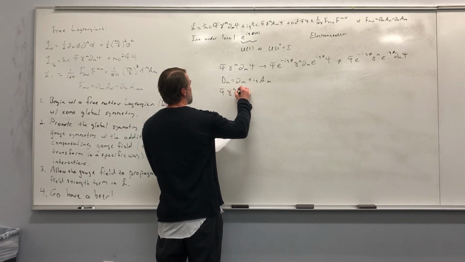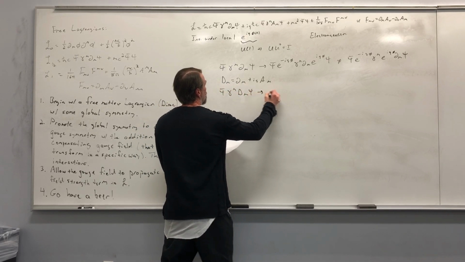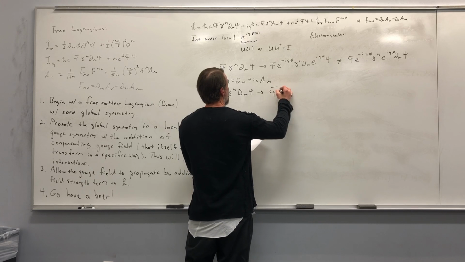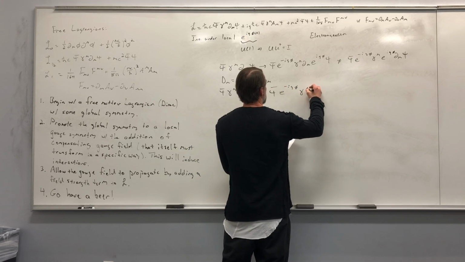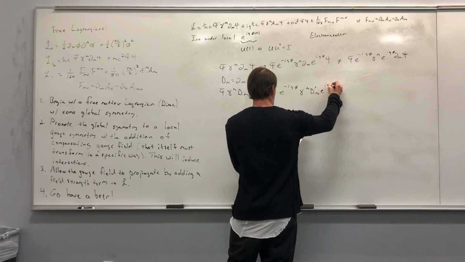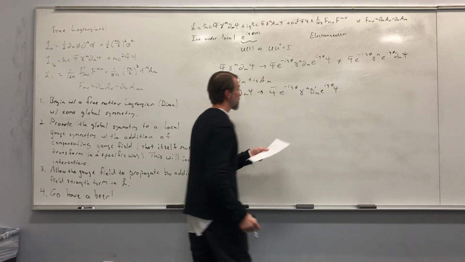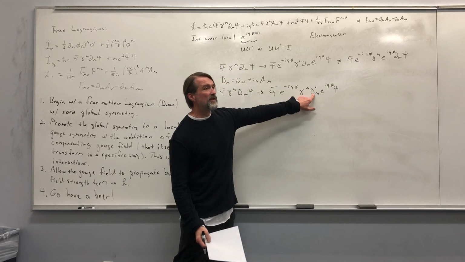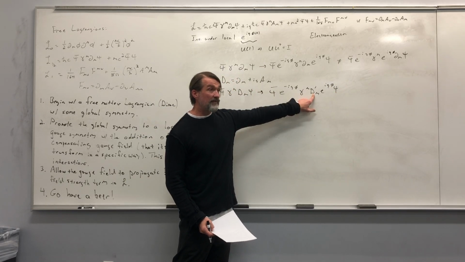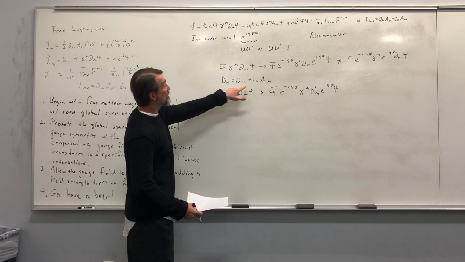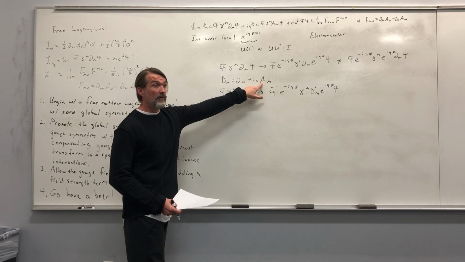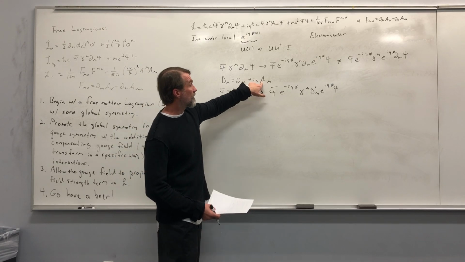So if I write this, then this becomes psi bar e to the minus iq phi gamma mu D mu prime e to the iq phi psi, where I'm writing D mu prime because the derivative itself has to be transformed, because the derivative, remember, involves A, and A gets transformed. Okay?